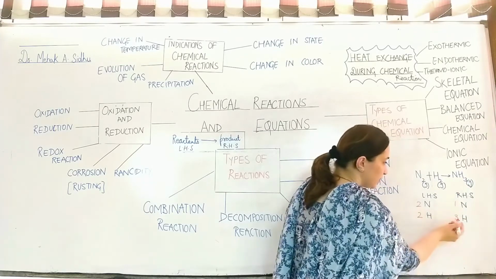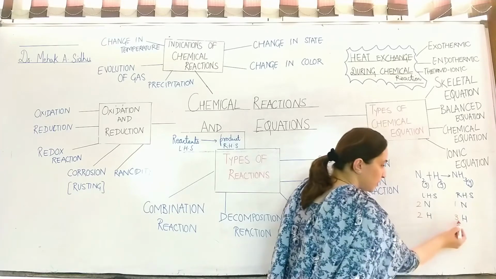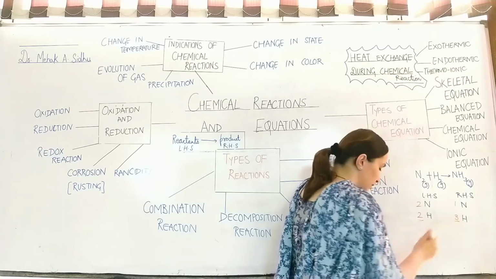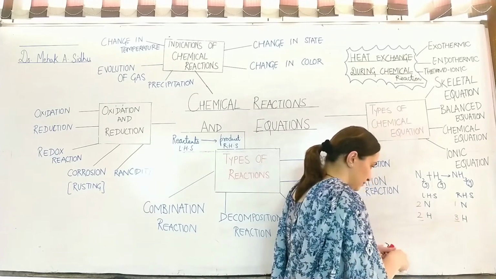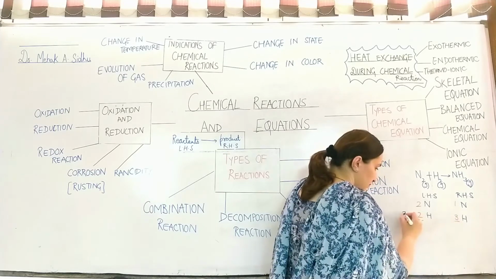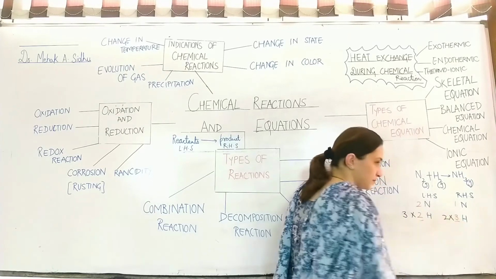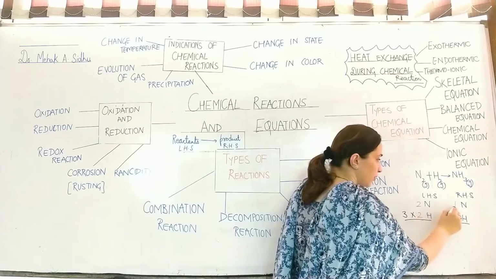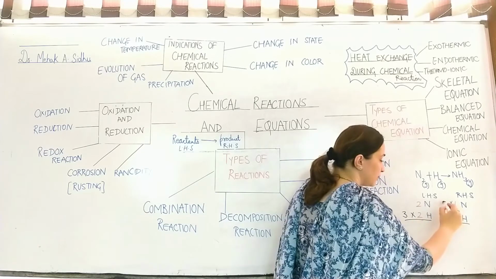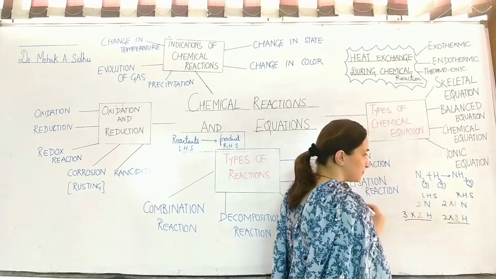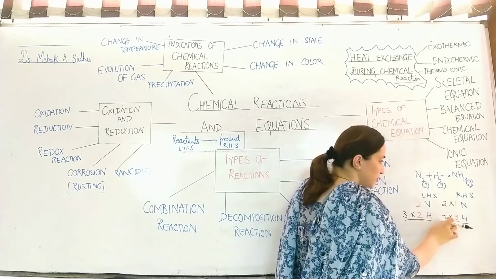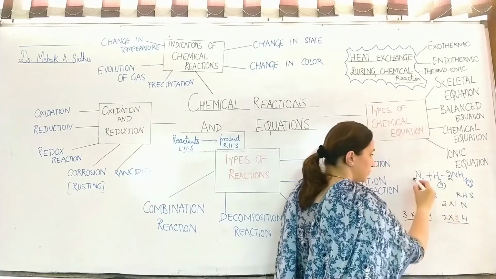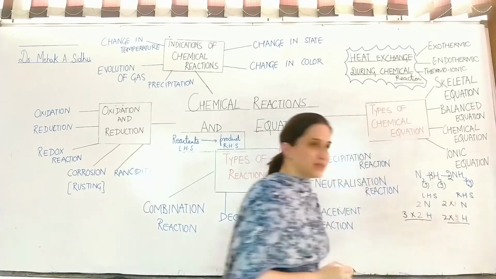Here is a quick trick: if we have hydrogen 2 here and hydrogen 3 there, you can simply multiply 3 and 2, that means 6. Now there are 6 hydrogens on both sides, and in order to balance nitrogen, we multiply it by 2. So from this equation, you can see that 2 comes here and 3 comes here. Now this reaction is balanced.